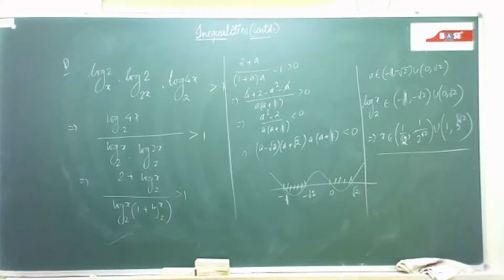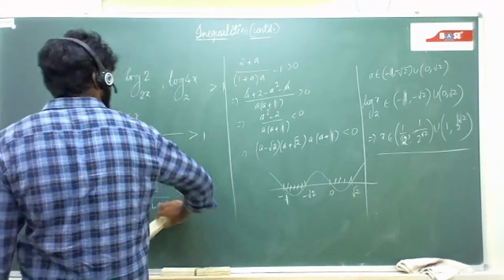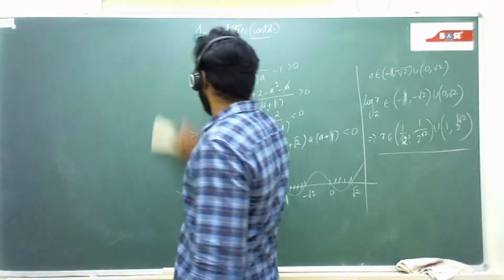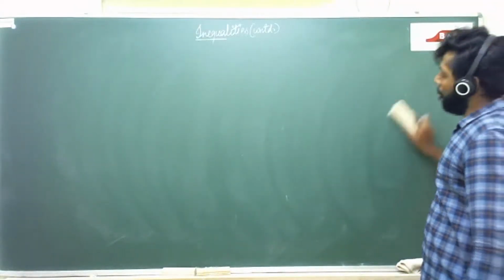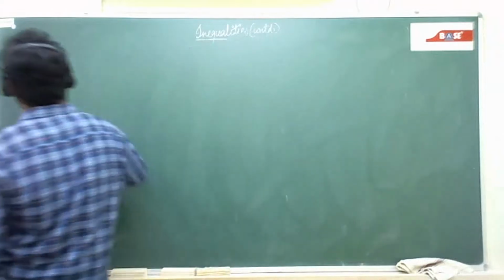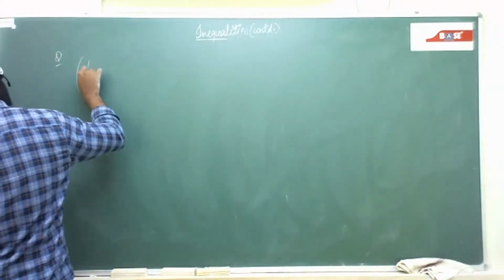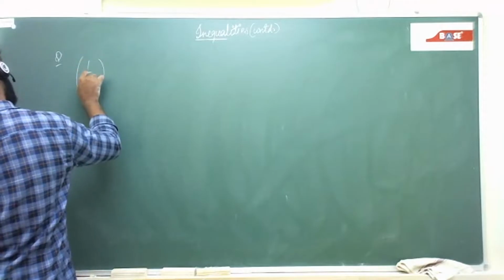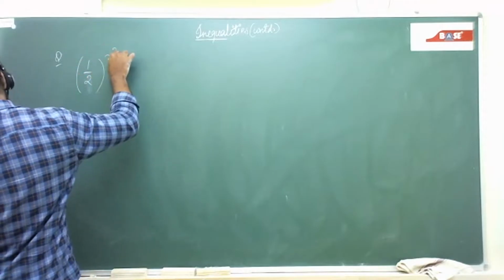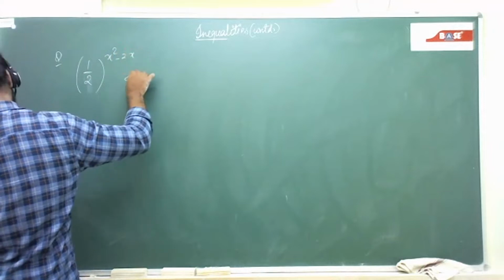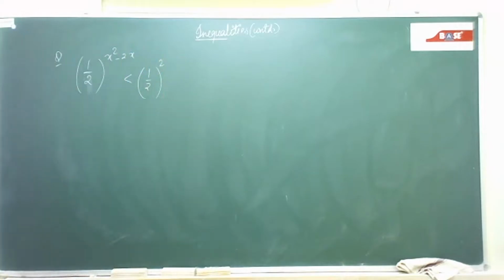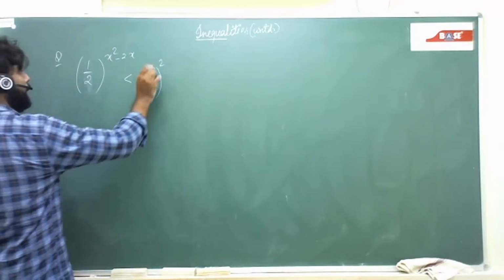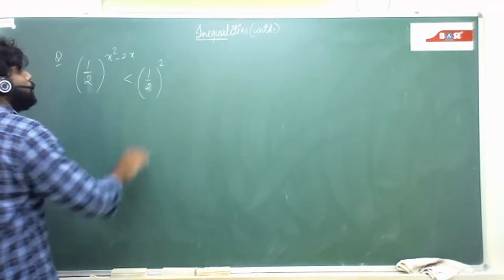Moving next. Half to the power x square minus 2x is less than half to the power 2.